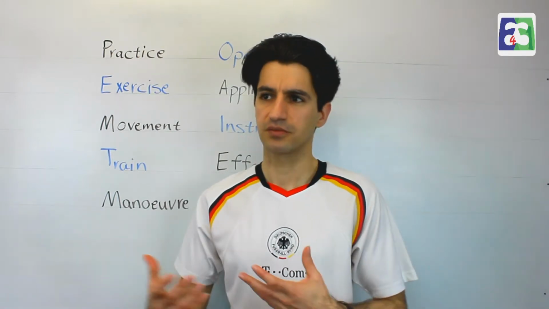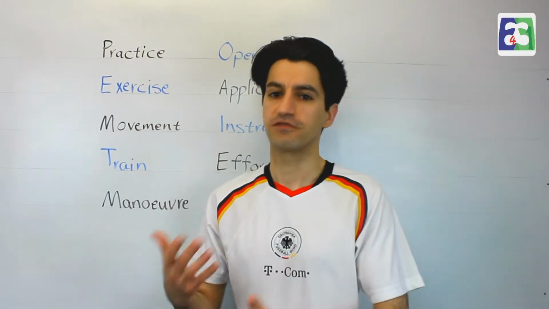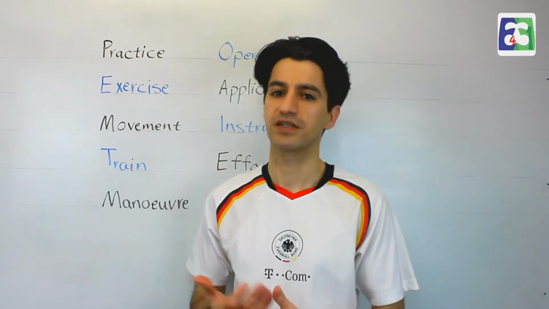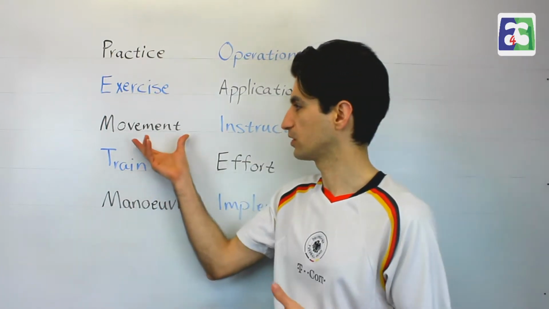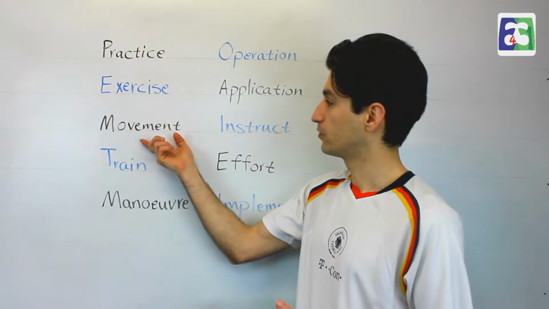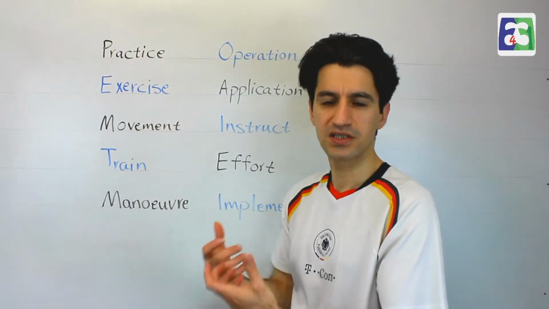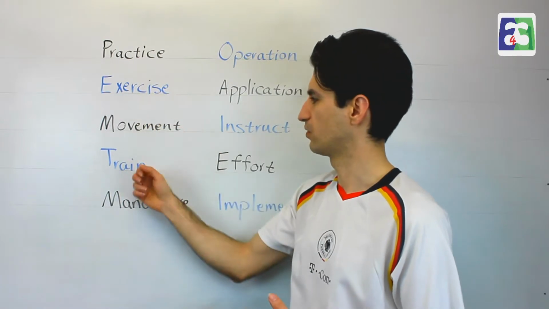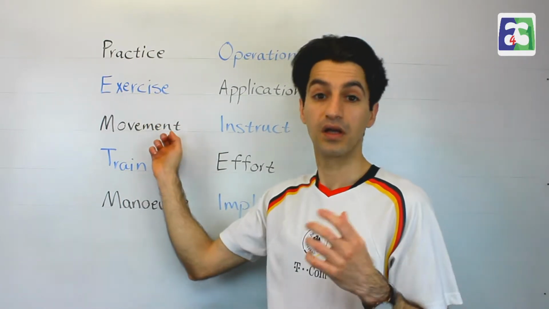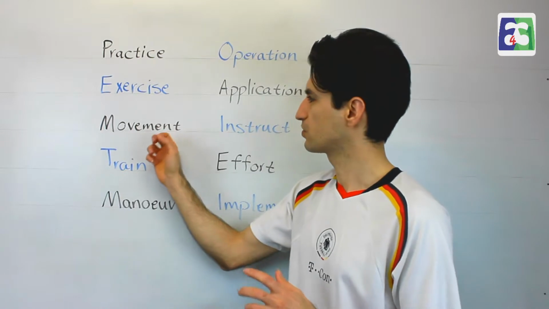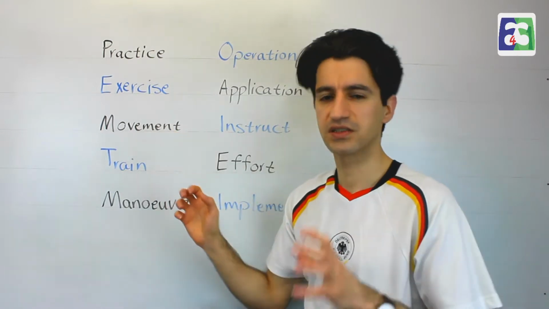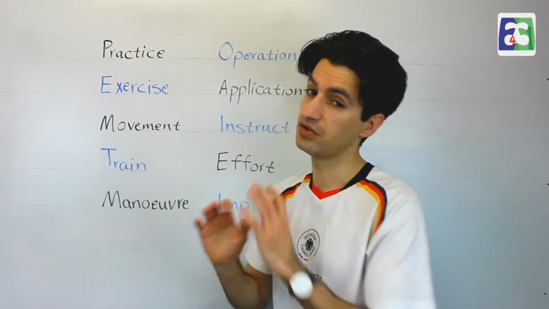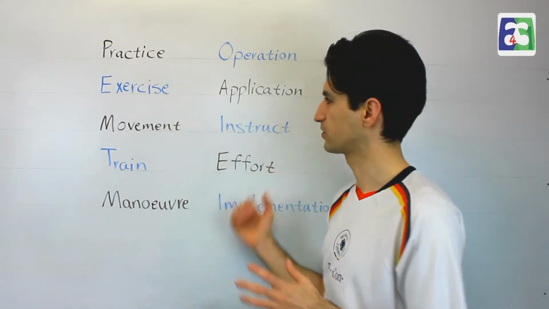When they act upon that and they change things, they try to make things better, then that is also called a movement. Okay, so if you're talking about these kinds of things like a revolution, then we won't call it an exercise or a training, but we will call it a movement. Okay, so some of these have got meanings that are specific to themselves and not others, but they have got lots of things in common.